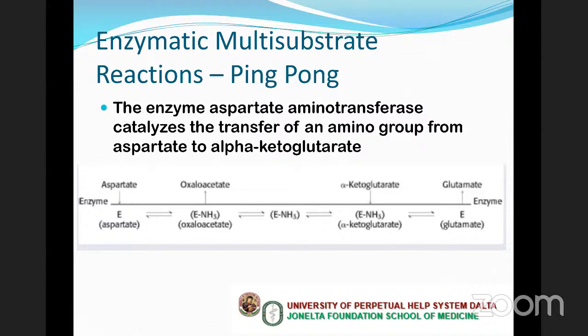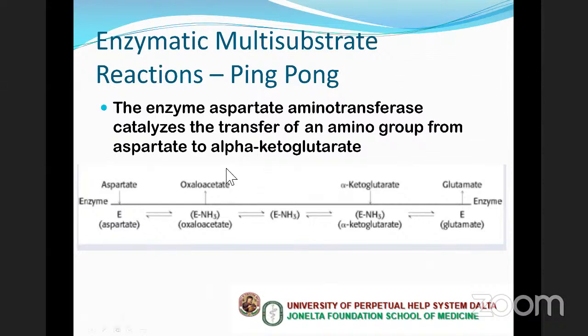What are the examples? The enzyme aspartate aminotransferase catalyzes the transfer of an amino group from aspartate to alpha ketoglutarate. So you start with your aspartate, okay? And then it is catalyzed by your aspartate aminotransferase, okay?